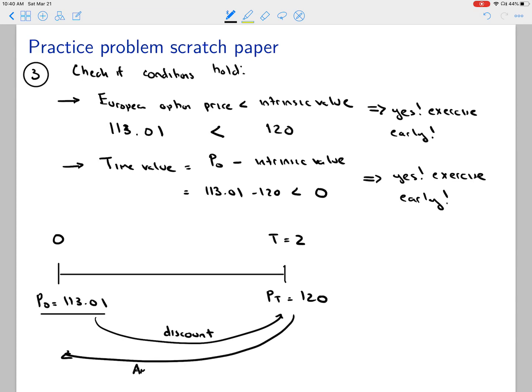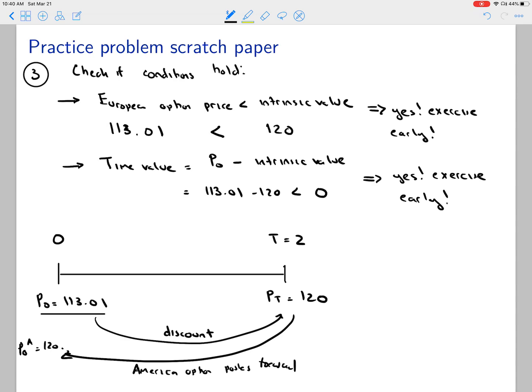The American option pushes this forward. It doesn't have to wait. And so the price of this American option on this day has to equal 120. Okay. So that really wraps up the idea.